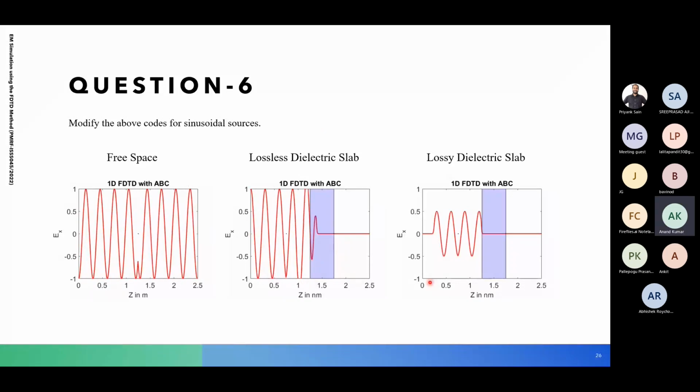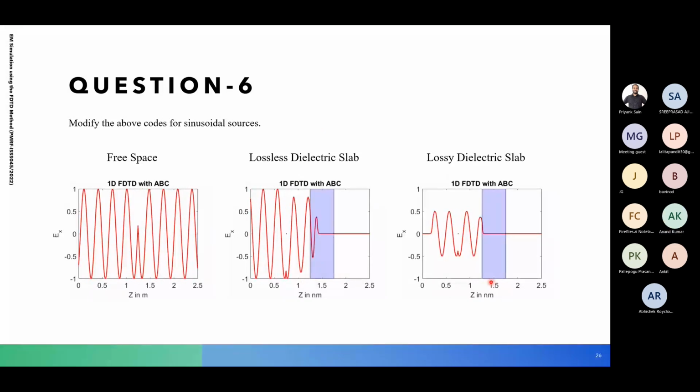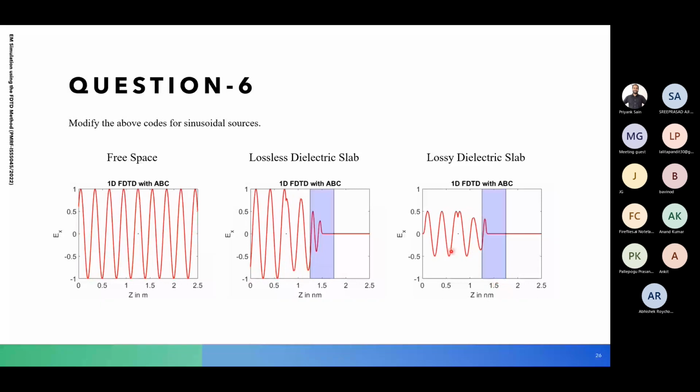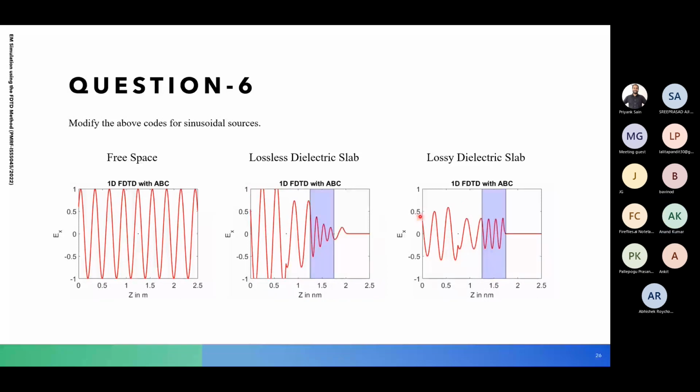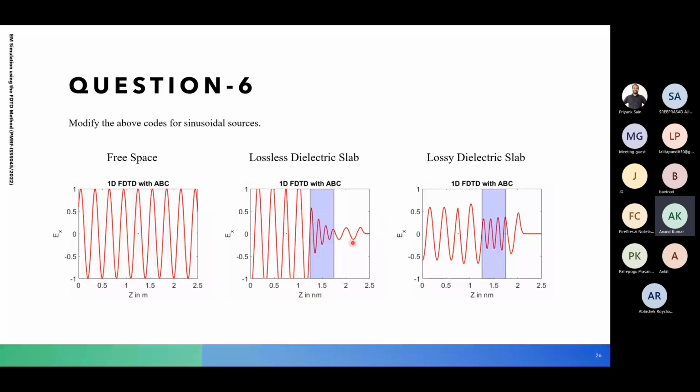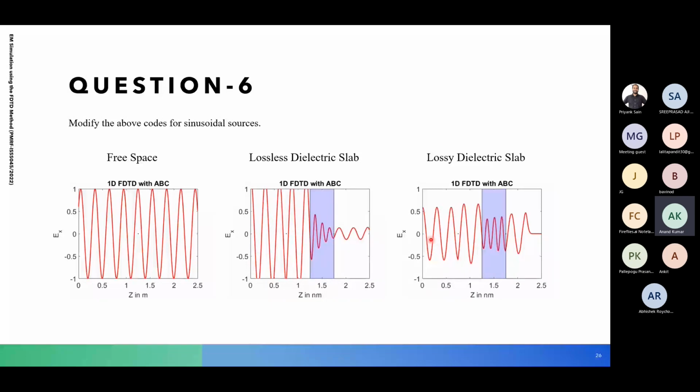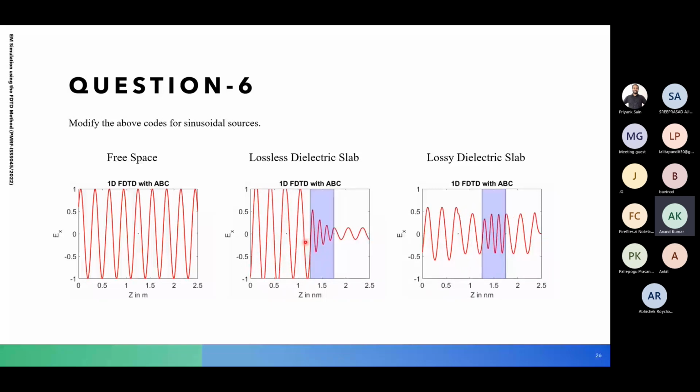These are the simulation results. I guess these two code windows have been swapped. The middle one is actually for the lossy media, and the third one is the lossless.